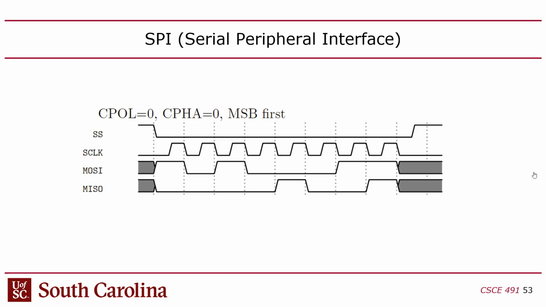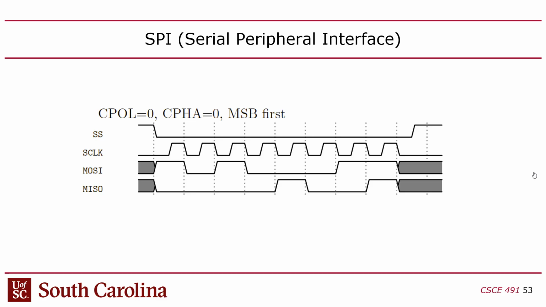When you want to initiate an exchange, the master sets slave select low, at which point the channel becomes active and you start to clock up. How many clock cycles are we doing here? 8, right? Because there's 8 bits. It's a bit serial protocol, so there's 8 cycles, okay?